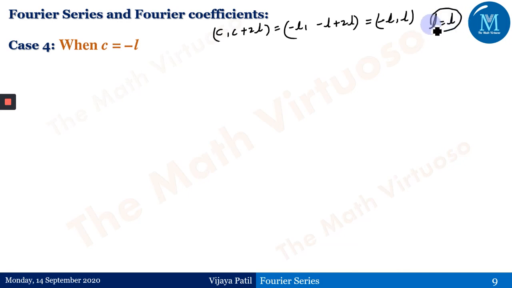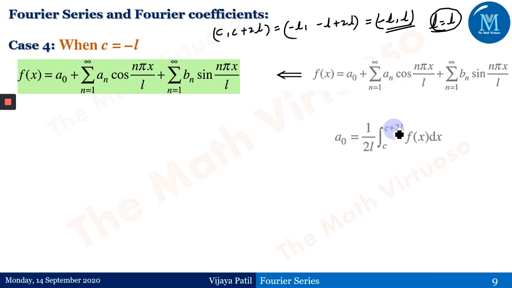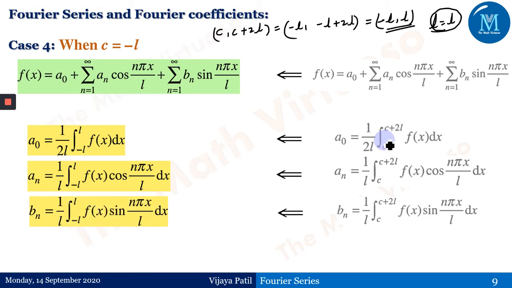So first thing to note, second thing to note. And therefore this remains the same because L is L here. Where will be the change? The change will be in the interval. Instead of C to C plus 2L, it will be minus L to L, and the entire thing remains the same. Clear? So this is how you can identify from the given interval.